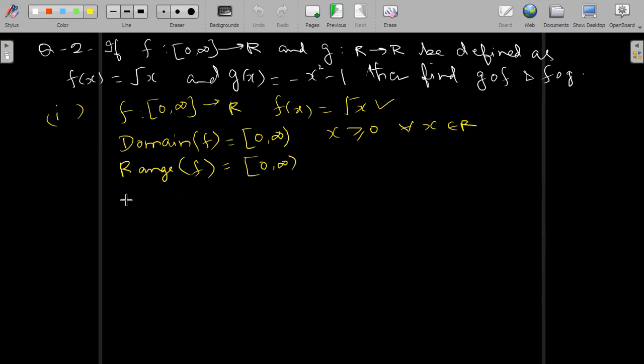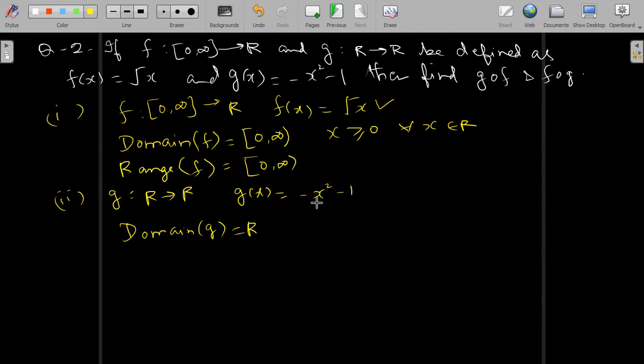Now we will check for the second function. g is a function from R to R and defined by g(x) is equal to minus x square minus 1. Now from this you can see that the domain, obviously all real numbers we can put, so the domain of g will be the set of real numbers.